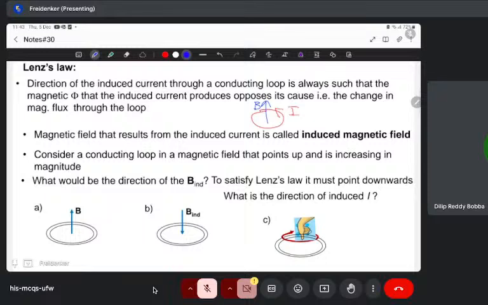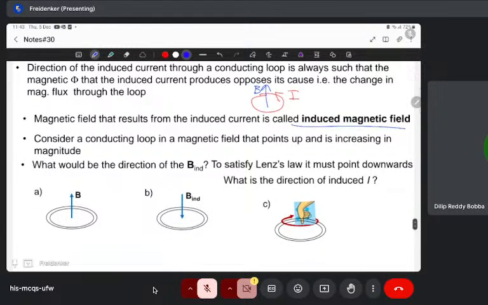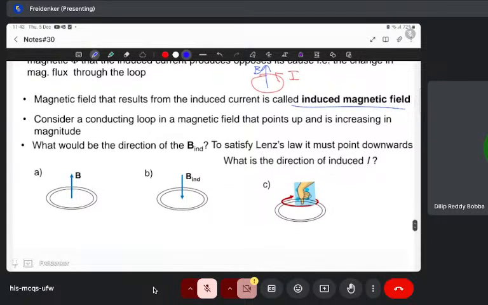So if current is induced, the magnetic field associated with that current is the induced magnetic field. So look at this. You take the thumb of your right hand. If it is pointing downwards, then you curl your fingers. That will give you the direction of the induced current.